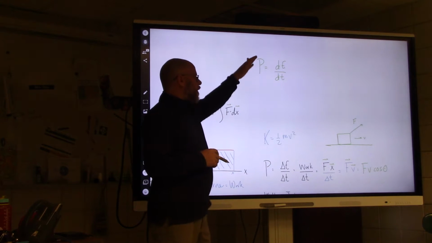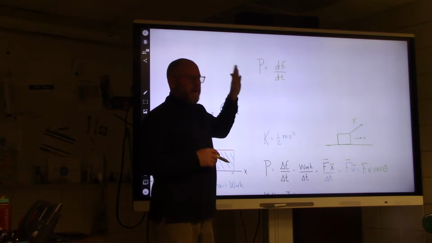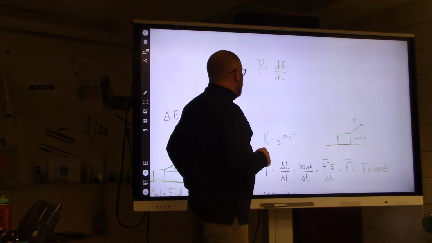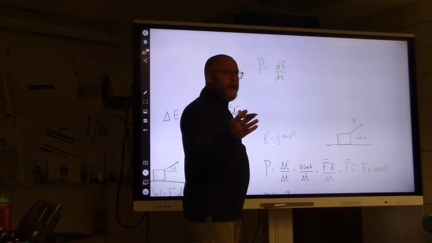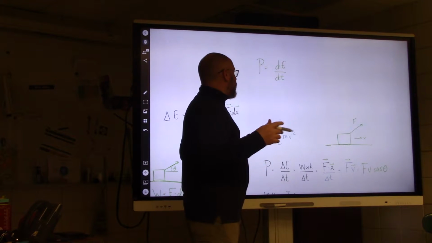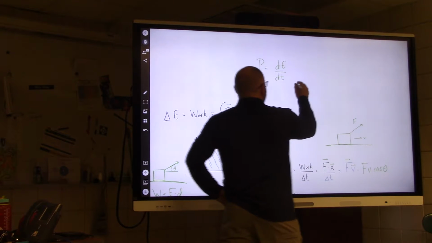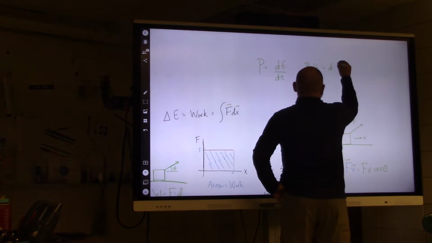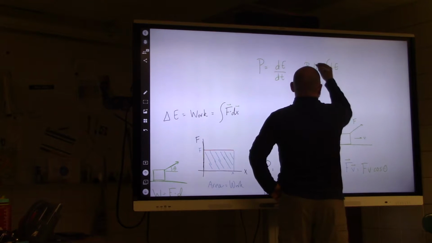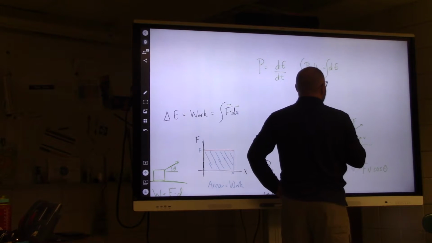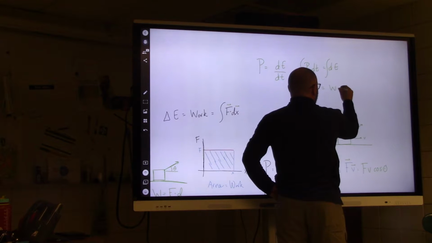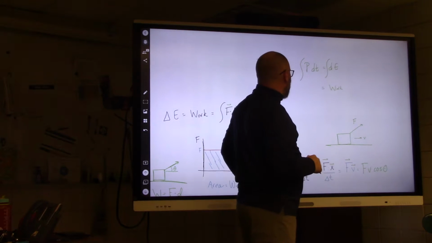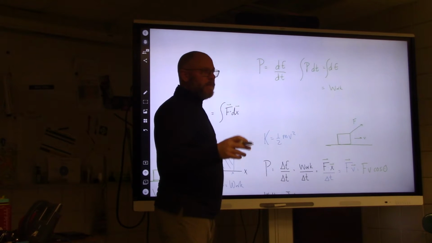But you understand that this also just means the change, so I'm happy with that. You could take the antiderivative of both sides, right, to solve for the work. Like if you rearrange this, if you did power times the time is equal to the change in energy, and took the antiderivative of both sides, this side would just be equal to the work done. Again, never seen it, but mathematically it makes sense.